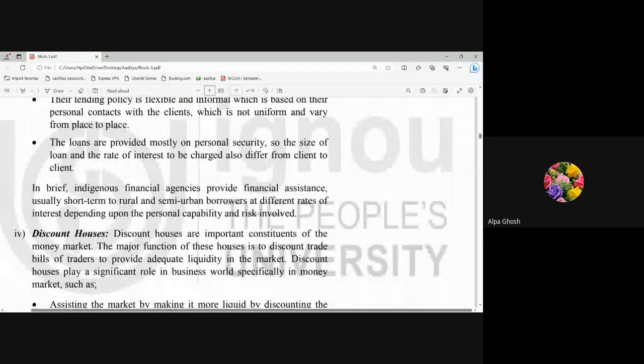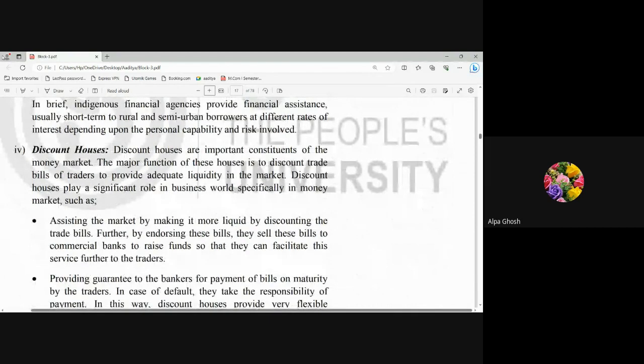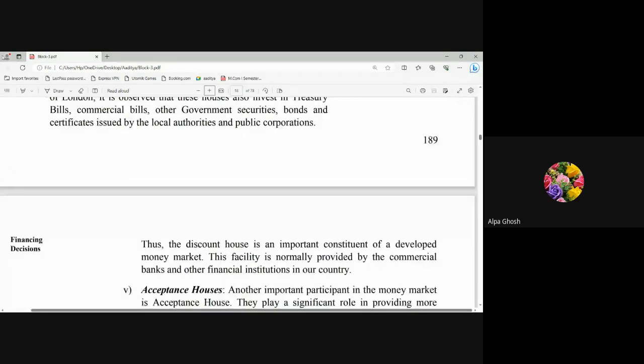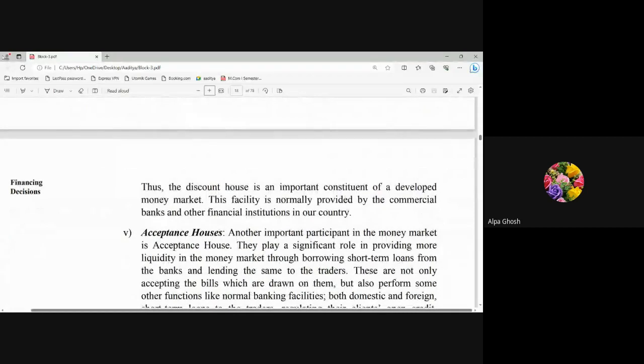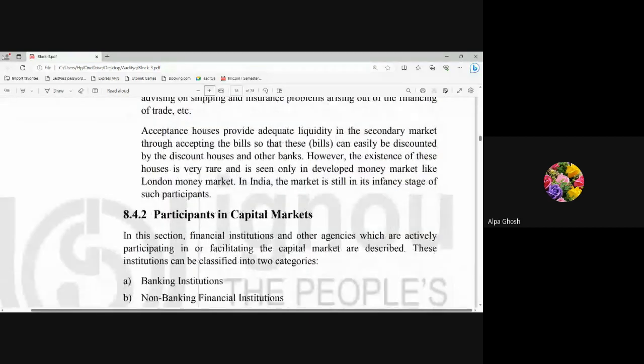The discount houses from where we can get the bills discounted. Acceptance houses, where we can go for trading the money market instruments.